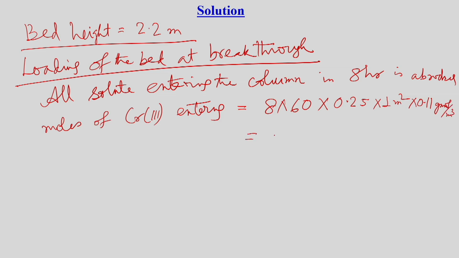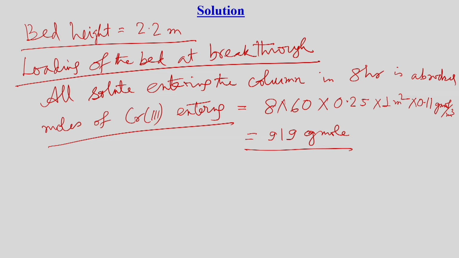So, it is coming out as 919 gram mole. That is how much amount of moles of chromium 3 is entering the column.